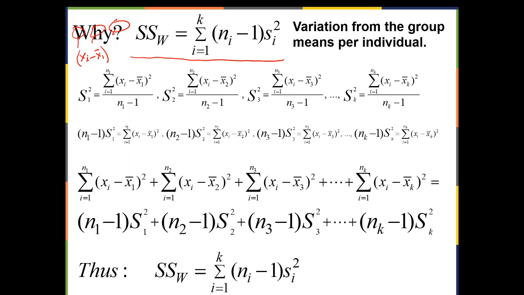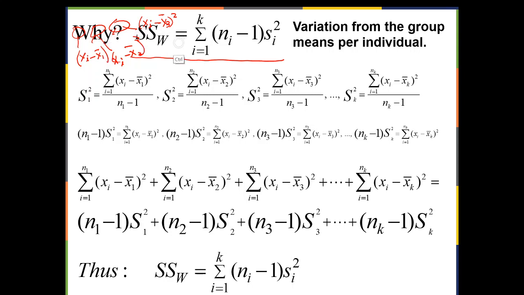So from this group, we take all the xi's in the group minus x2 bar, square them and add them. And for this one, we take all the x's minus their own x bar, squared, and so forth.